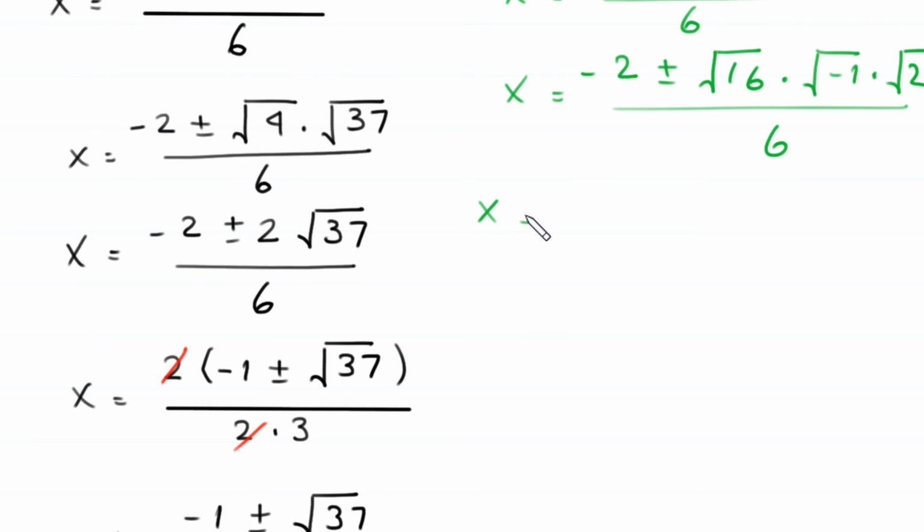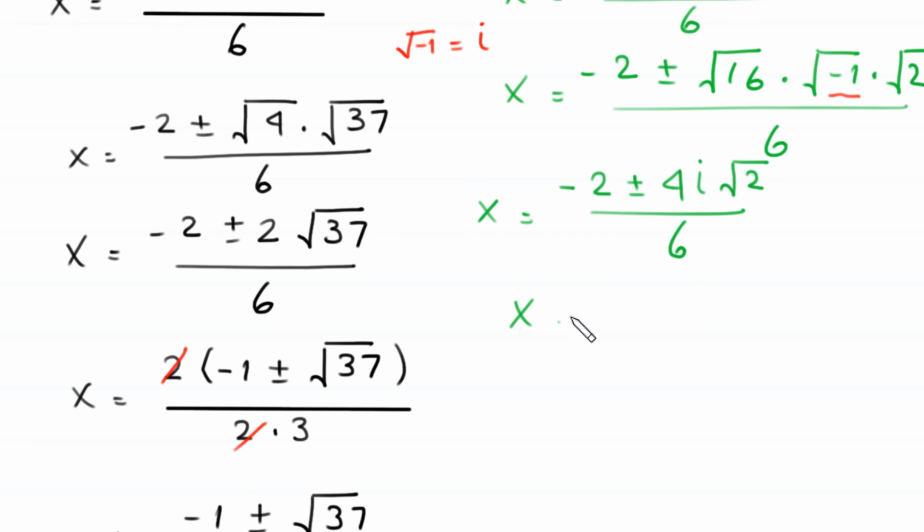Next, x is equal to negative 2 plus or minus, root 16 will become 4, and because root negative 1 is equal to i, this will become 4 times i times root 2 divided by 6.